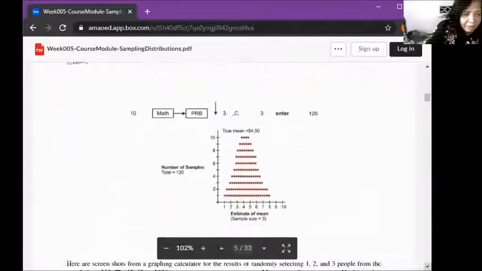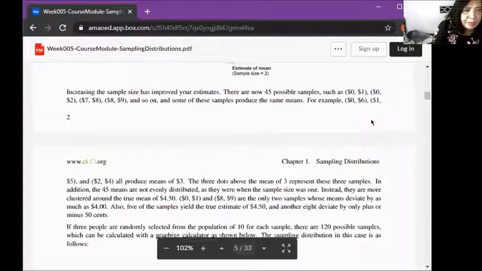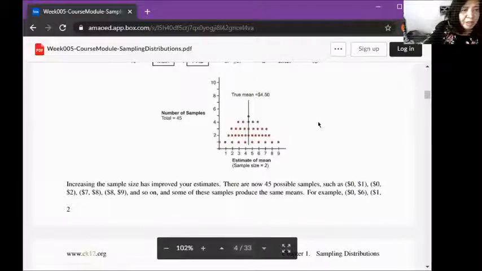So let's take a look at the estimates of the mean. This is for the 3, not for the 2. Let's take a look at the upper portion. This gives a total of 45 estimates of the mean from 0 to 9.